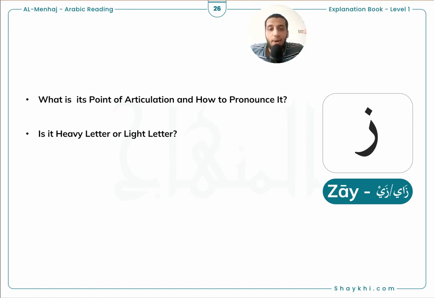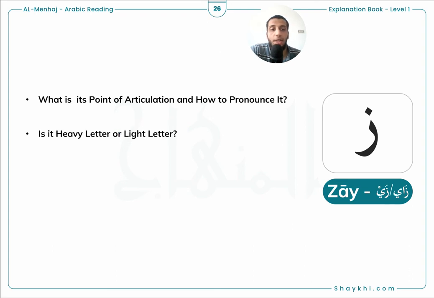If you feel that the sound is heavy, the back of the tongue is raised. If you feel that the sound is light, it is not raised. After practicing more and more, you can feel whether your back of the tongue is raised or not. So the answer is that this letter is a light letter because the back of the tongue is not raised.